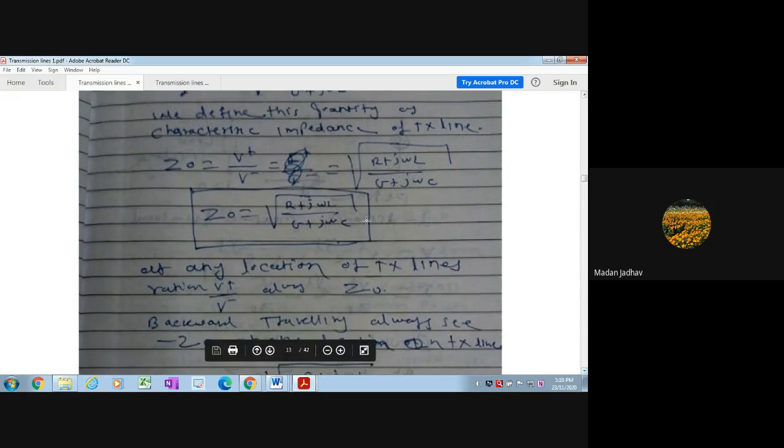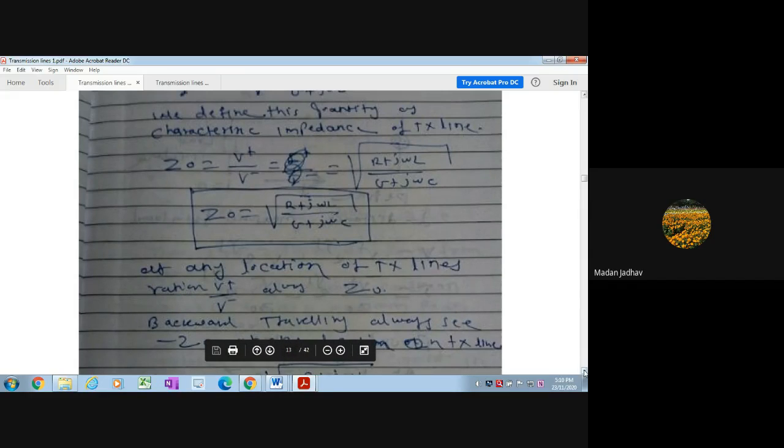If you observe the equation, this characteristic impedance depends upon the resistance per unit length and the inductance per unit length of the transmission line, that is, the distributed parameters of the transmission line, and also the angular frequency of the signal which is traveling along the transmission line. So this is the equation for the characteristic impedance of the transmission line.